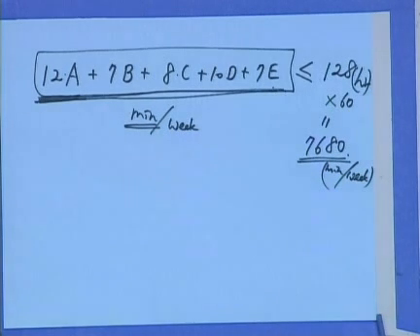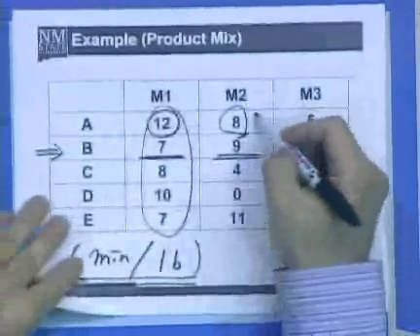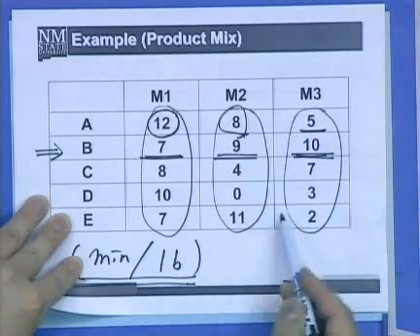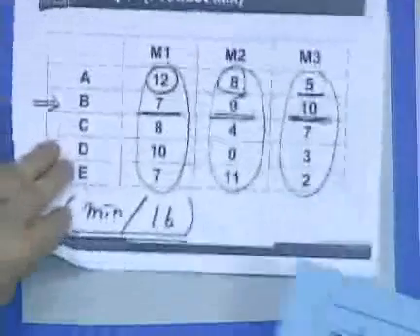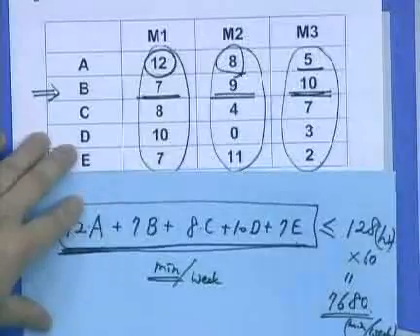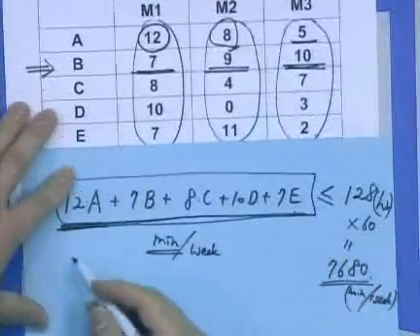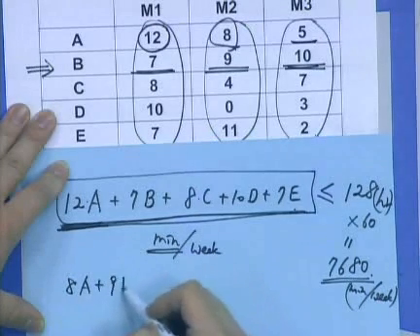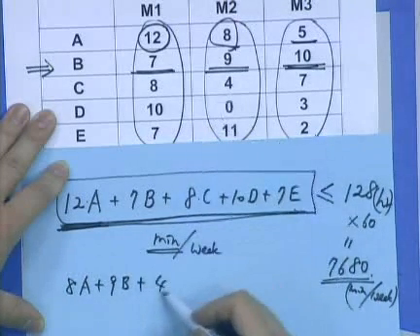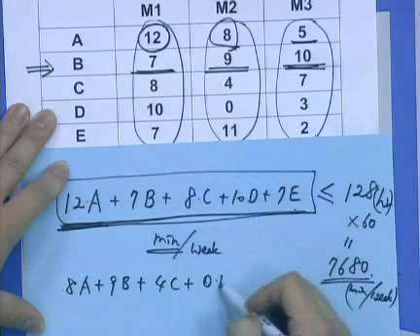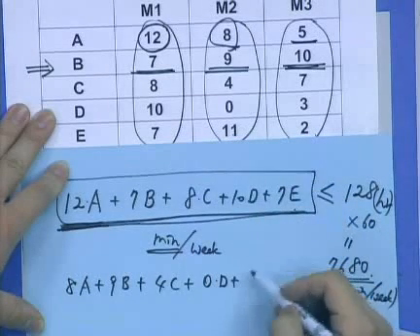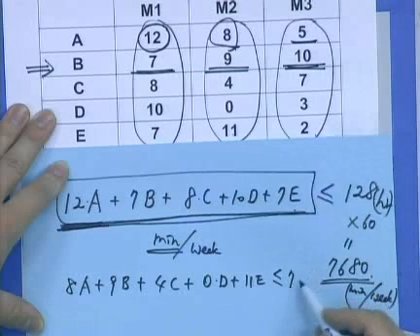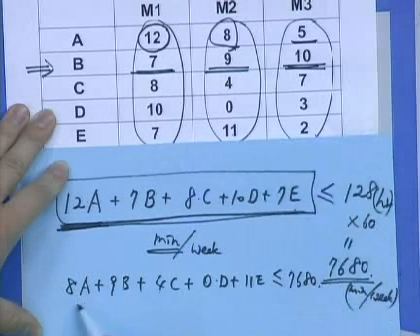And likewise, using these machining times for machines number 2 and number 3, we may construct other constraints: 8A, 9B, 4C, 0D, and 11E must be less than or equal to 7,680.